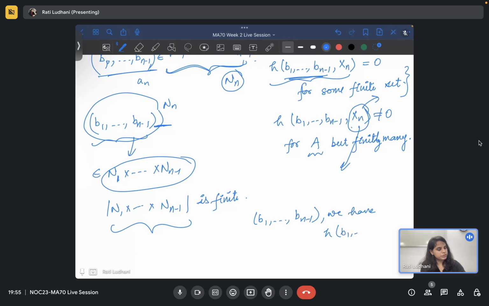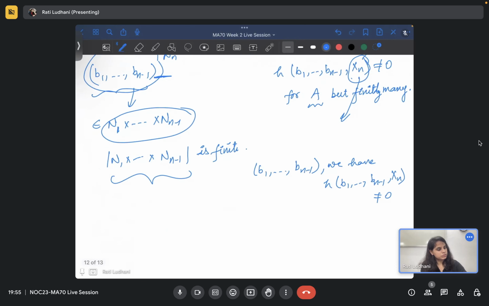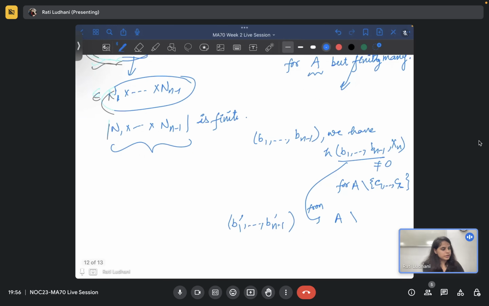So corresponding to this we have h of b1 to bn minus 1 xn not equal to 0 for, let's say, a minus c1 to cs, some finite set. Now from another point you will get non-zero on another set. So you take b1 dash to bn minus 1 dash. I'm doing this for 2 points right now.